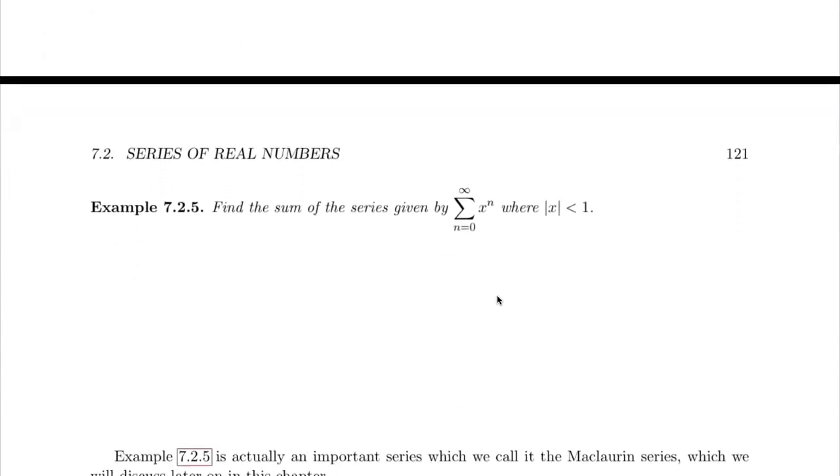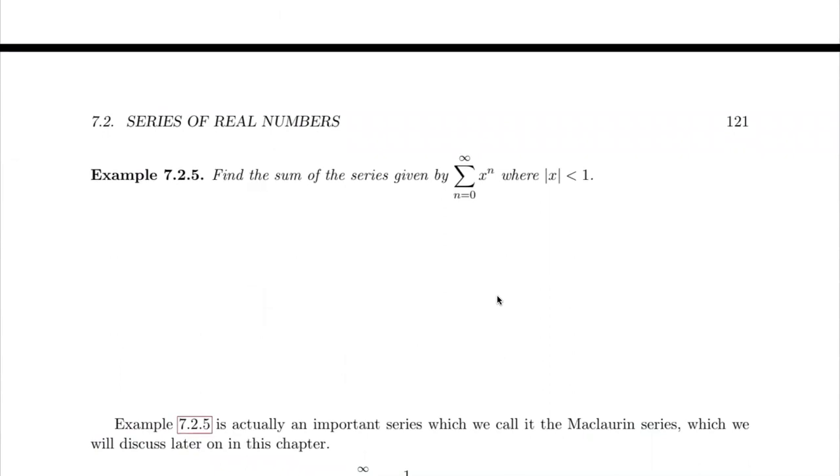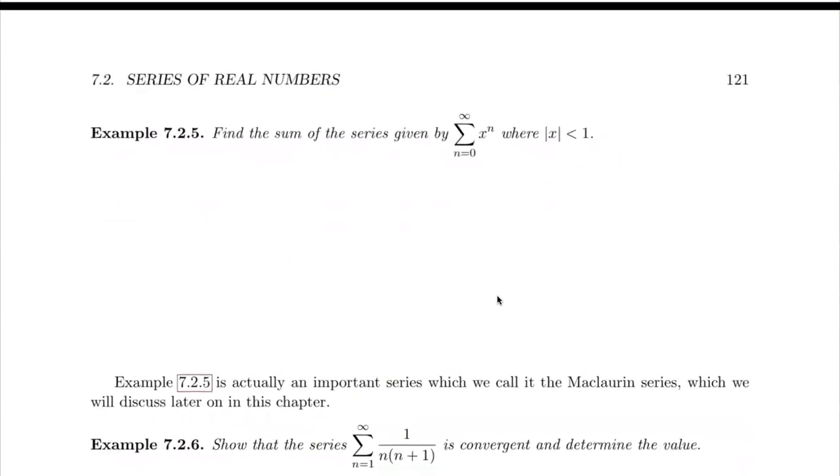Okay, so let us find the sum of the series given by the sum from n equals 0 to infinity of x to the n, where the absolute value of x is less than 1. Because x is less than 1, it converges. Let's write down the series first.